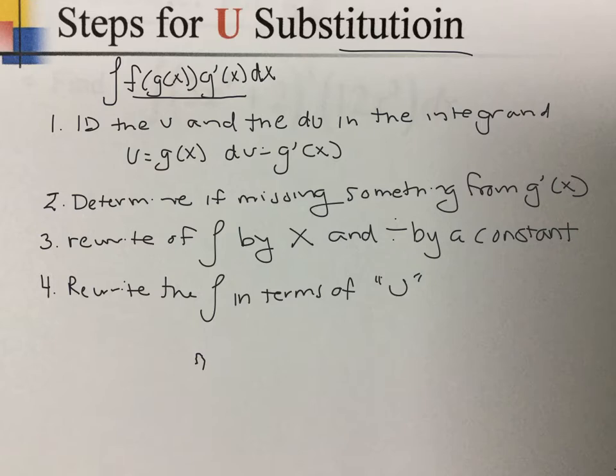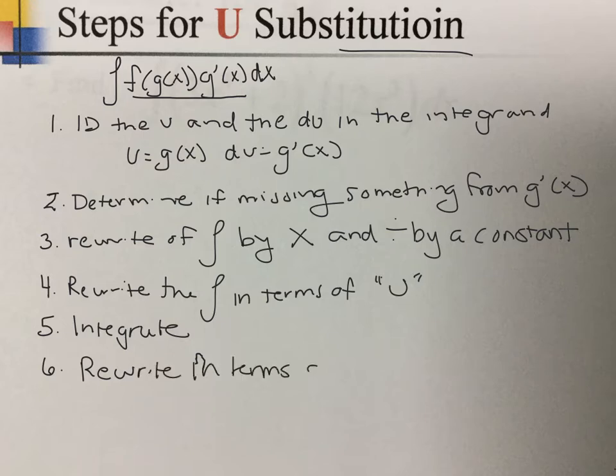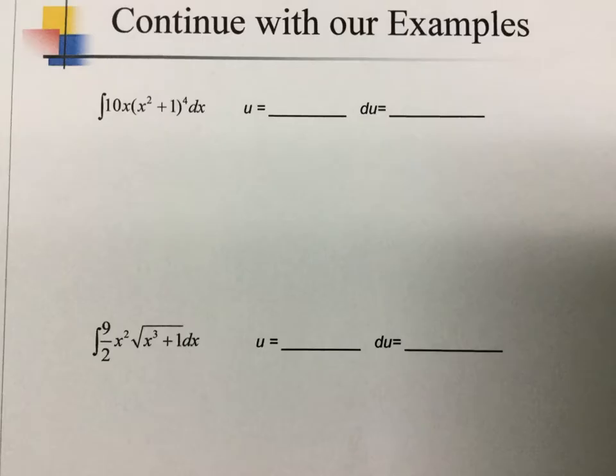And then the next part, once we've rewritten it in terms of u, is we will integrate, okay, and then we'll rewrite in terms of x, okay. And don't forget, when we're taking the integral, we want to remember our plus c, because we're going to have to be adding that on. So here we go.